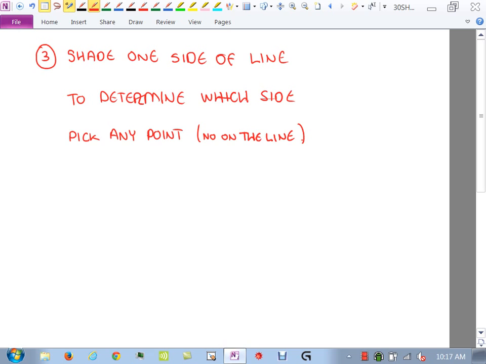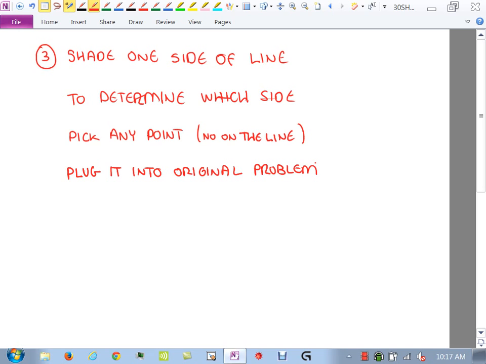See if it works. But what do you mean? See if it works where? Not the equation. The original inequality. So you have to go all the way back to the beginning of the problem and plug it into the original problem. So pick any point, plug it into the original problem.